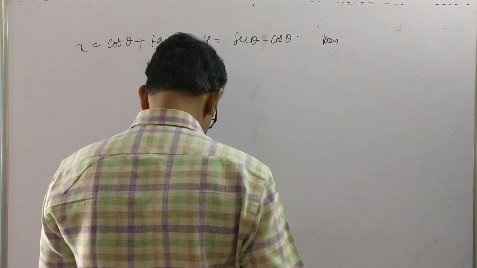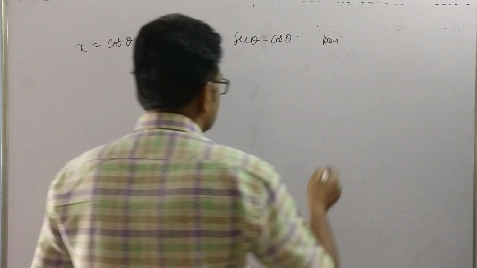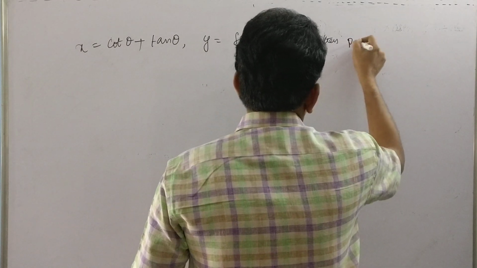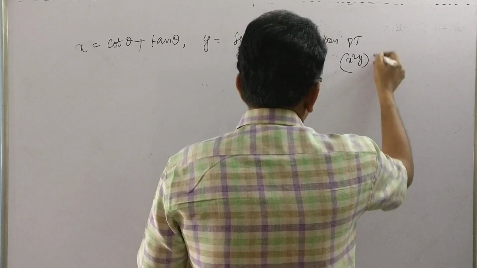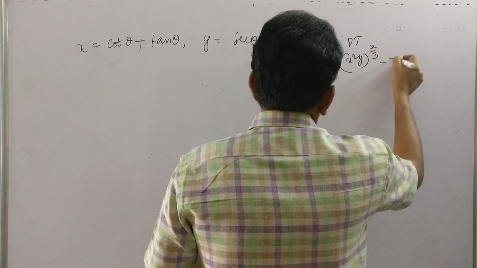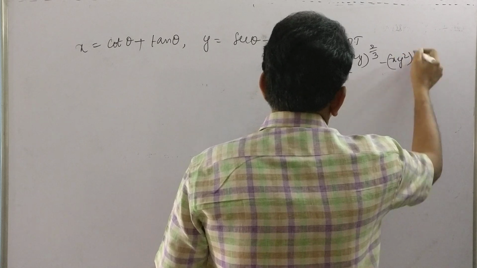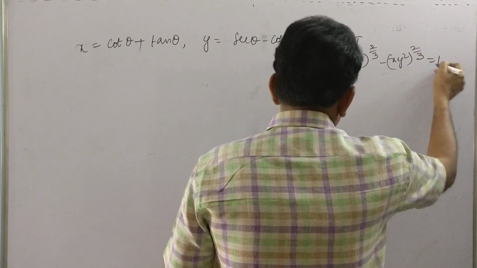That means by eliminating theta, prove that x square y whole power 2 by 3 minus xy square whole power 2 by 3 is equal to 1.